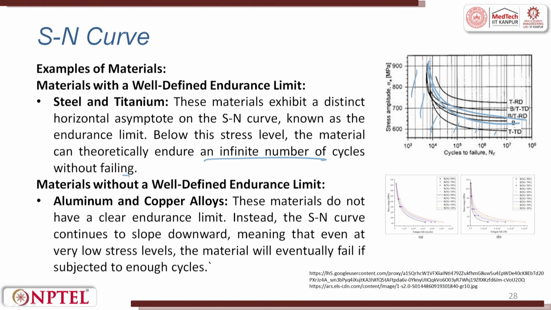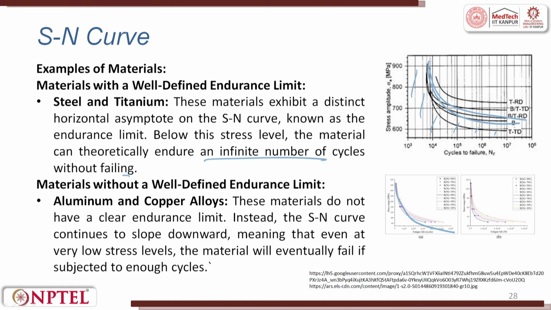Materials without a well defined endurance limit, such as aluminum and copper, do not have a clear endurance limit. Instead, the SN curve continues to slope downward, meaning that even at a very low stress, the material will eventually fail if it is subjected to enough cycles.